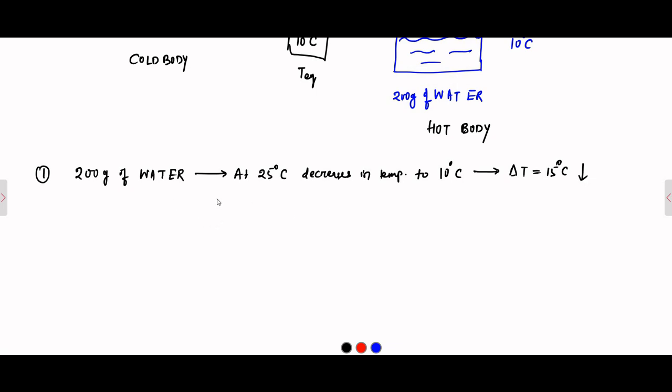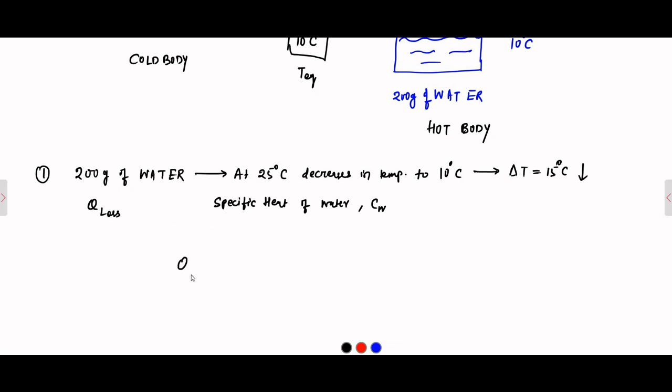Now this will take place through the concept of specific heat of water, CW, and this 200 grams of water will lose heat. There will be heat loss. Only then the temperature will decrease.